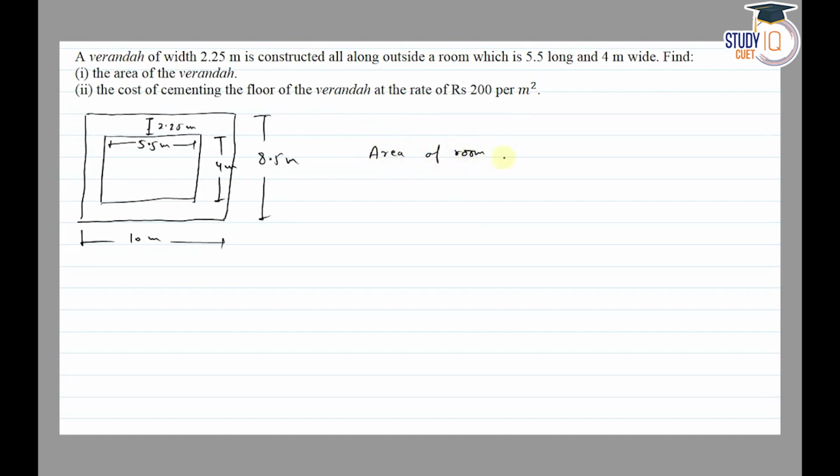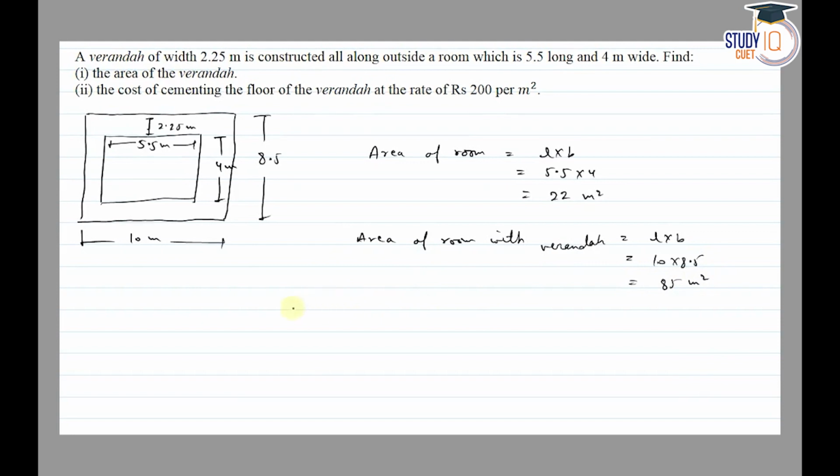room is equal to L into B is equal to 5.5 into 4 is equal to 22 meter square. Then area of room with veranda is equal to L into B, and length and width हमने फाइंड आउट कर लिए 10 and 8.5. 10 into 8.5 is equal to 85 meter square.